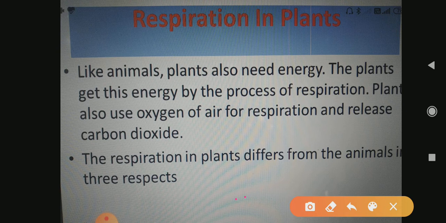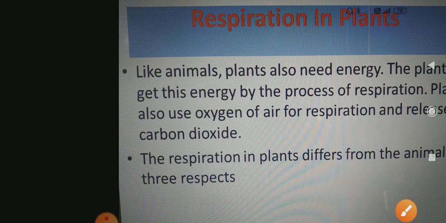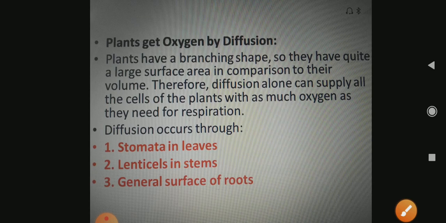The respiration in plants differs from animals in three aspects. Now see, first, plants get oxygen by diffusion. In our body, oxygen is taken inside with the help of the lungs.